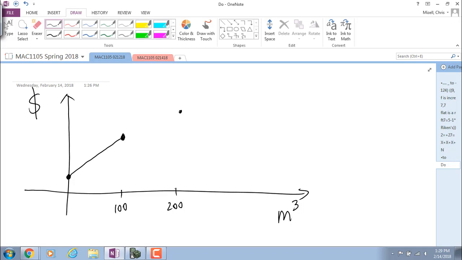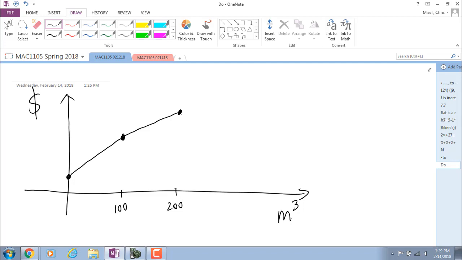So if we were to look at how we would bill this second customer, or maybe the first customer in a different billing cycle, maybe it's the winter time, and they're having to do a lot more heating, this line segment is not quite as steep as the first line segment, and that just means for the next 100 cubic meters that they use, they're not billed as much per cubic meter.